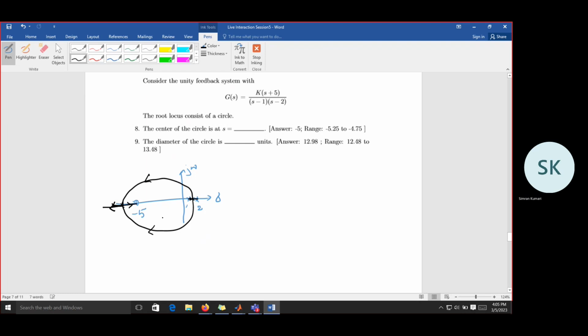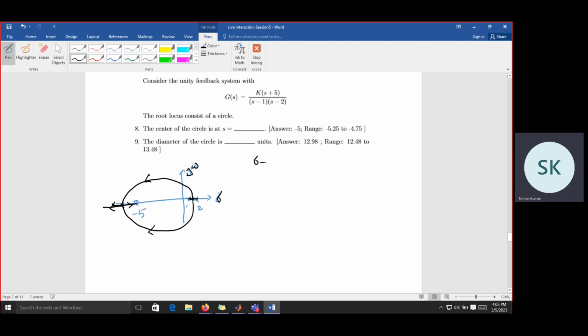This one, roughly approximately this type of thing. And it is saying, okay, this is a circle. So we'll now try to find, because this is a circle and this is in which axis? Sigma and j omega. So we'll try to find it in terms of sigma and omega so that we can find the circle equation.